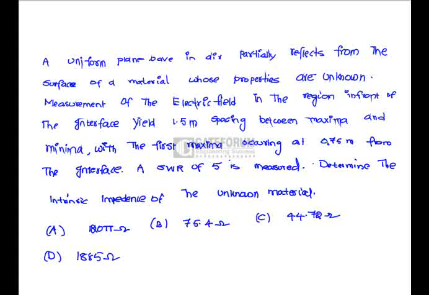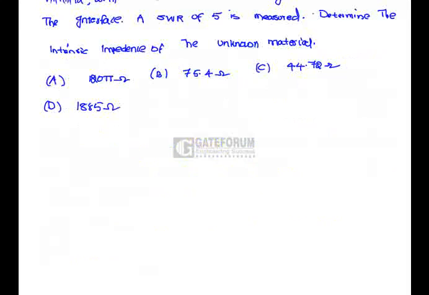Here, the spacing between the minimum and the maximum is, in general, if we consider the field is in this form, this is the minima, this is the maxima, the distance is lambda by 2.